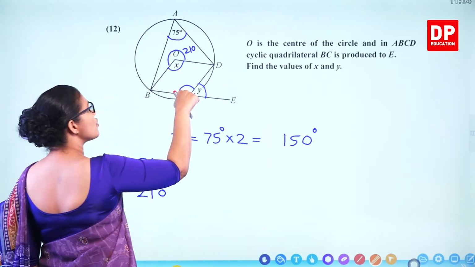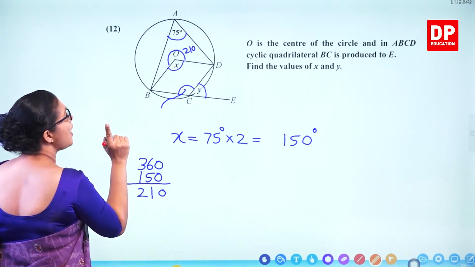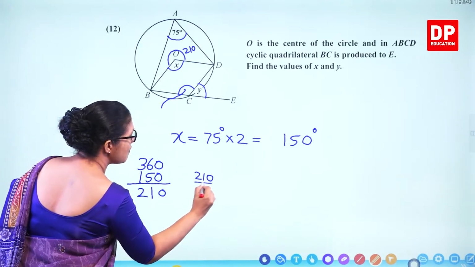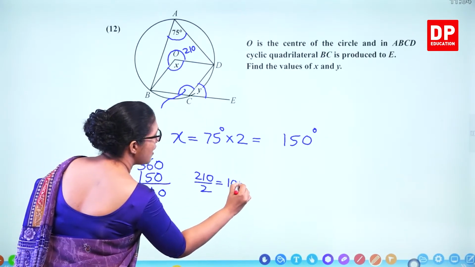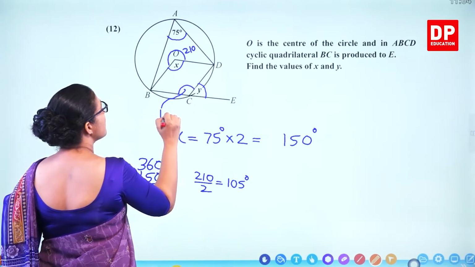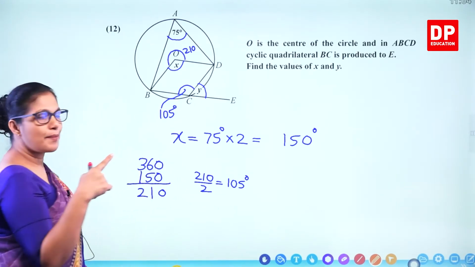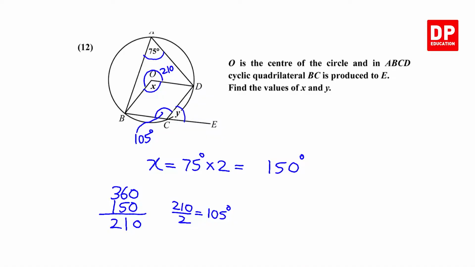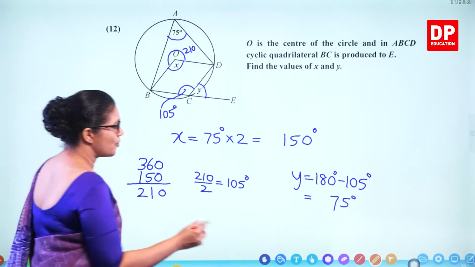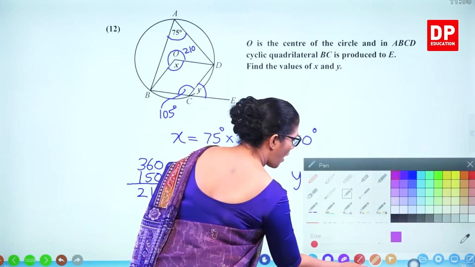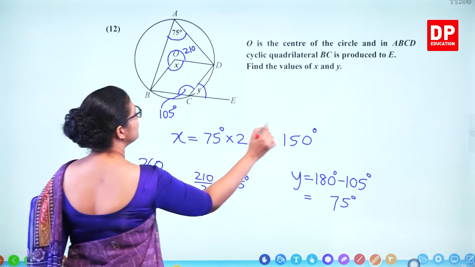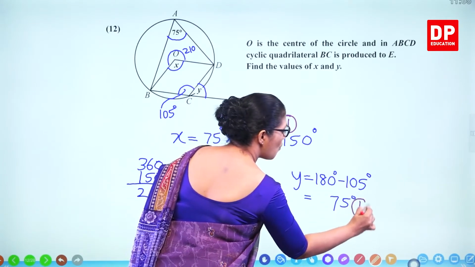So this relationship is, you divide by 2. So 210 divided by 2, you get 105. So this angle is 105. So what's y angle? That's a straight line. Y equals 180 minus 105. 75 degrees. So you get 2 marks, 1 mark for the x value, 1 mark for the y value.